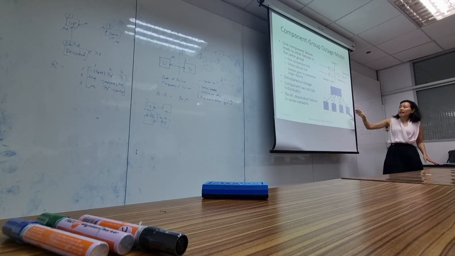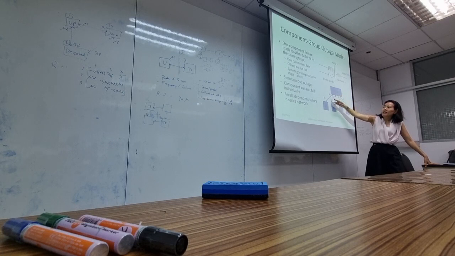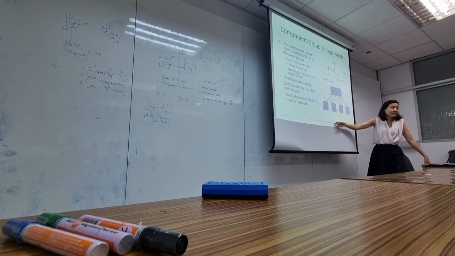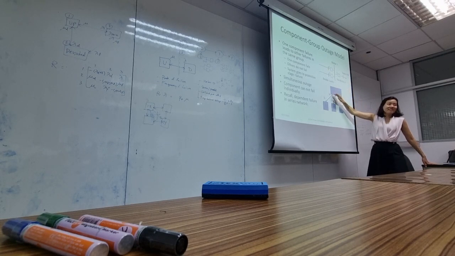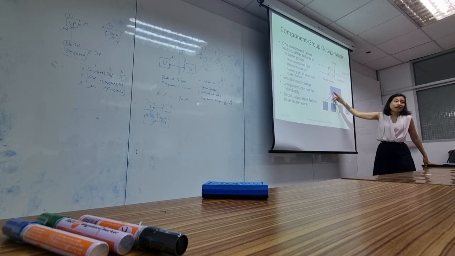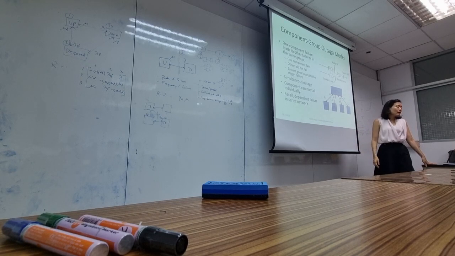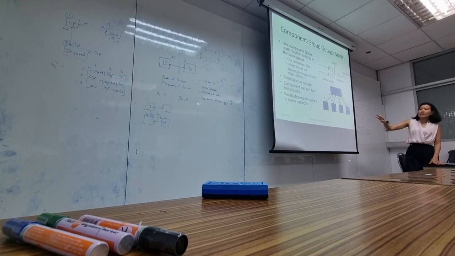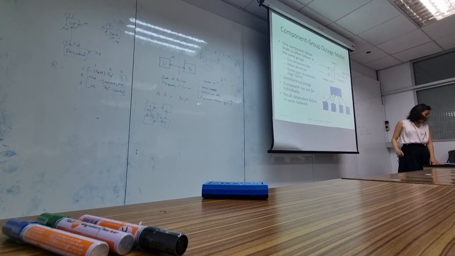You will see this component going up and then it goes down, but there are no more lines coming down here. It doesn't matter whether component 2 is down or not, but the whole system needs to be fixed by fixing this one, right? So this is quite similar to the dependent failure in a series network. Actually, the concept is the same.